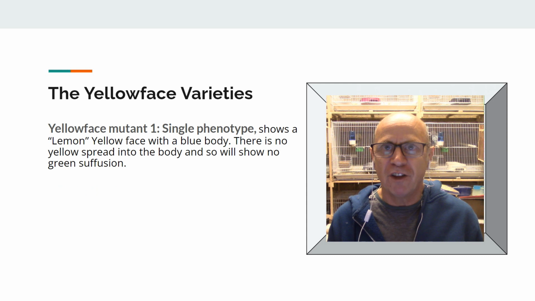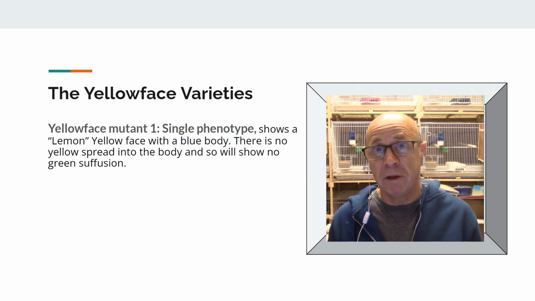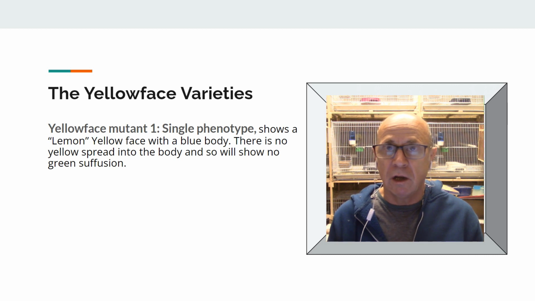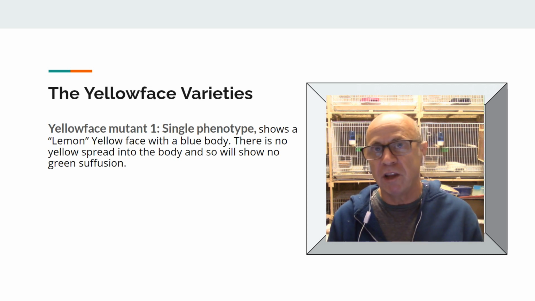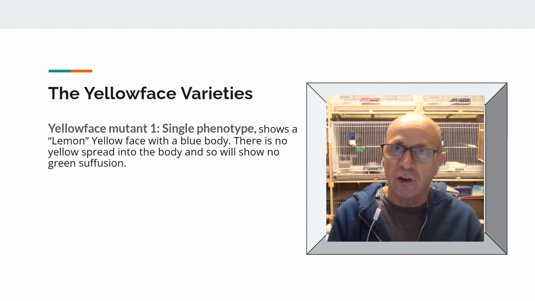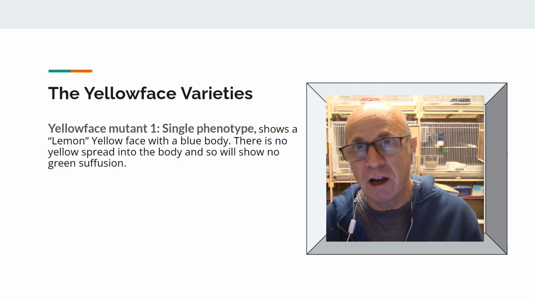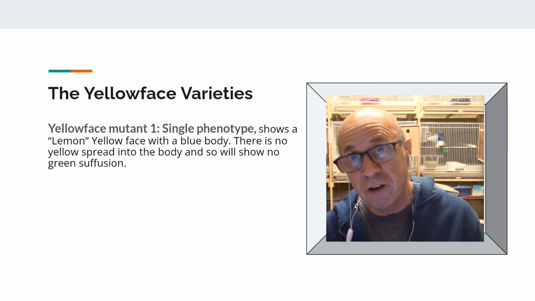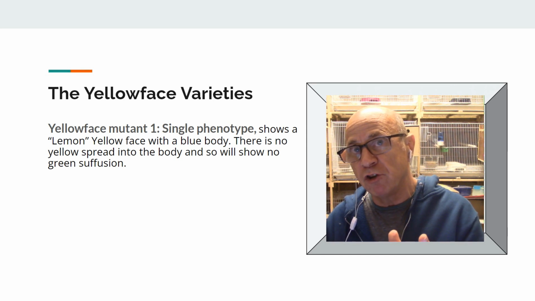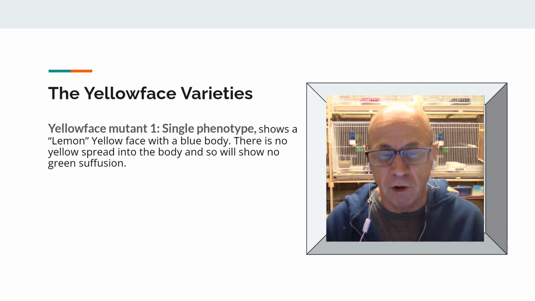So let's quickly talk about the three different varieties of Yellowface budgerigar, and I'll begin by talking about the Yellowface Mutant 1, partly because you'll see that it is slightly different to the other two, and that does suggest that something else in the Yellowface Mutant 1 is going on that's slightly different to the way the colour is produced in the other two varieties.